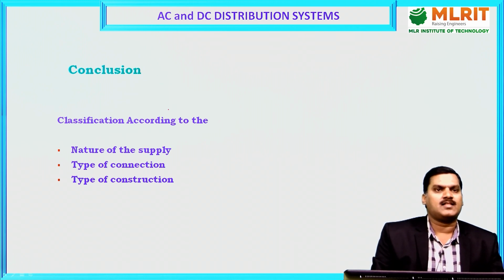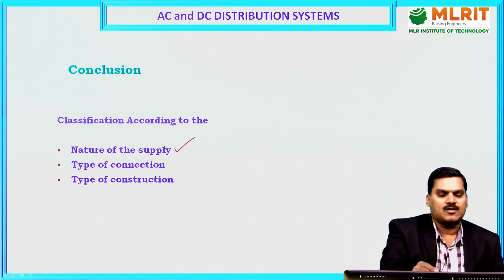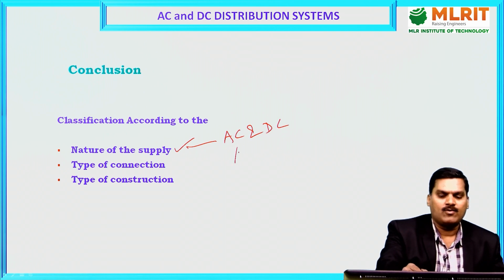We discussed the nature of the supply. Nature of the supply means we have AC and DC, and in AC we have different types, primary and secondary, and in DC also the 2-wire system and 3-wire system we discussed.